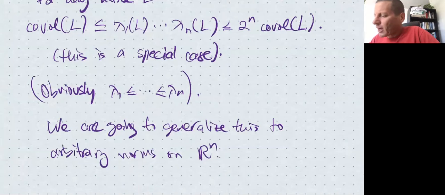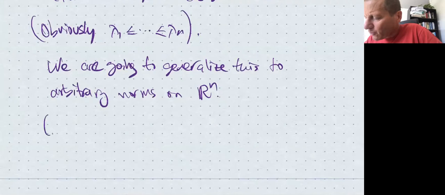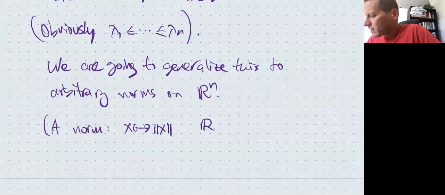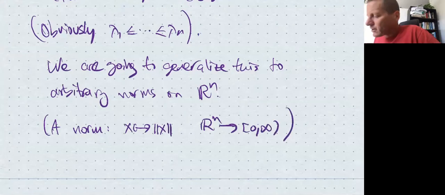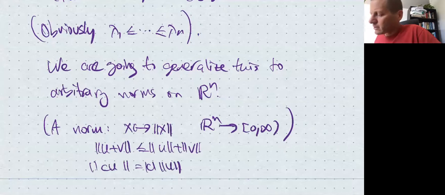If you remember, what is a norm? I think you all know, but a norm is some function on Rn that maps vectors to non-negative numbers, and it satisfies the triangle inequality, and it's multiplicative in this sense.